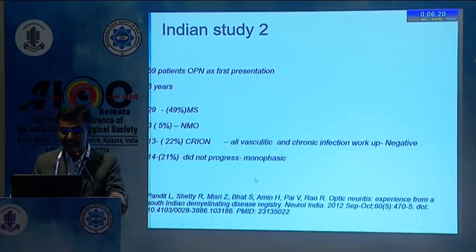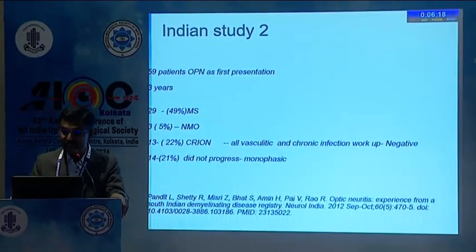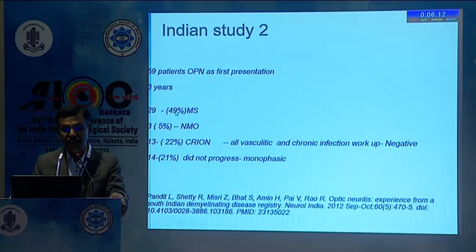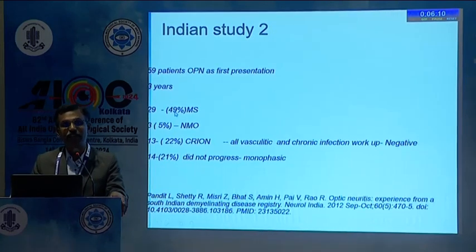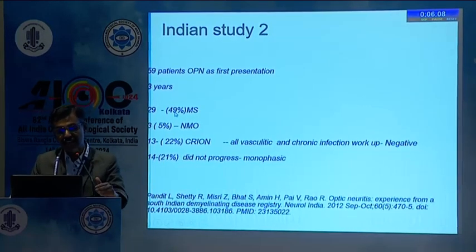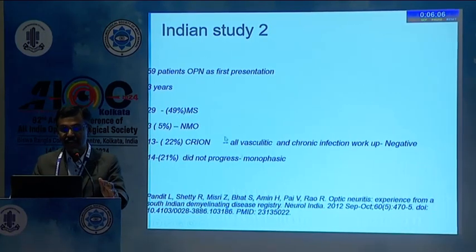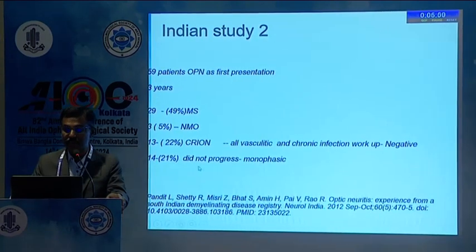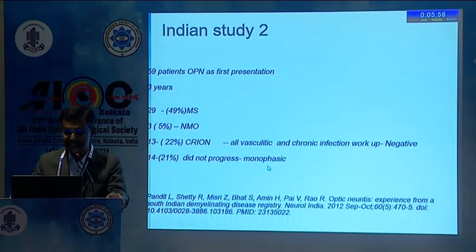There's another Indian study, the same study which Dr. Durga has told, and we have seen that almost half the patients are typical optic neuritis. So less than half only fall under atypical optic neuritis, and out of those, 21% did not progress at all, and it was monophasic as per their study.